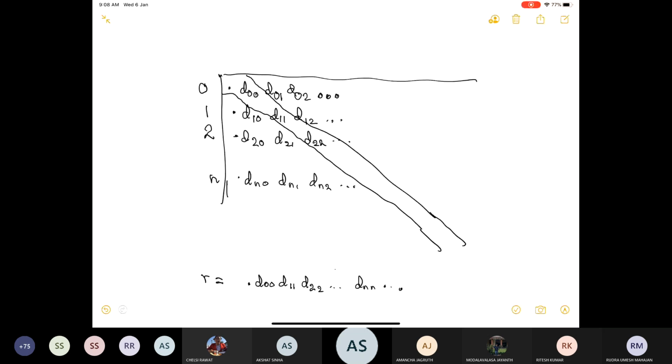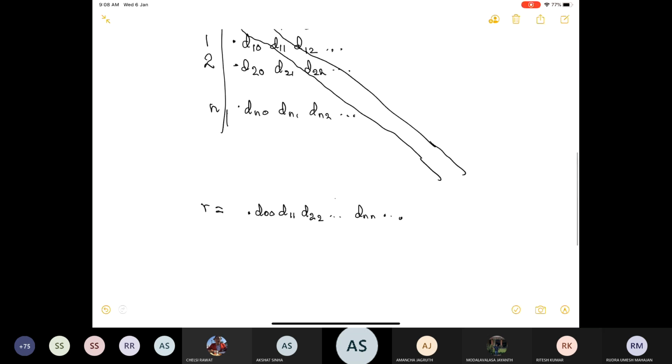So we obtain another number say R dash, which has all the digits different from the one here, from R, right? So all these digits are different from the one above.